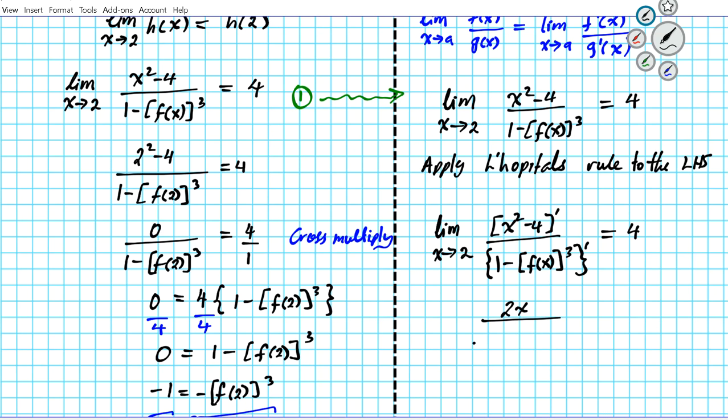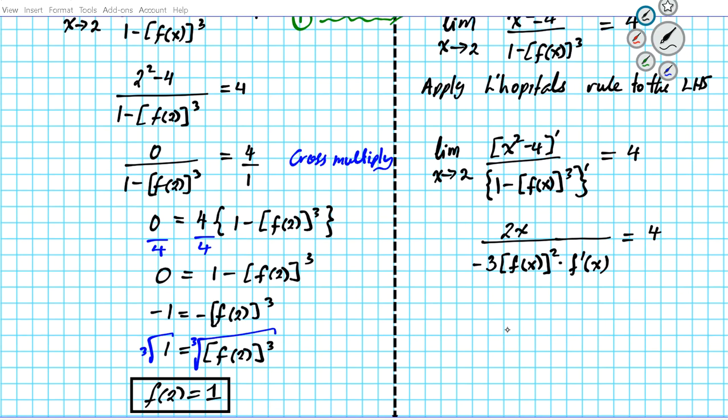So we're going to have negative derivative of the outer. The outer is u to the third, so if you differentiate that, that'll be 3u squared. But u is the inner function, so it's 3 times f of x squared times the derivative of the inner function, f prime of x. That's the application of the chain rule because we have a composite function here. So that is equal to 4.